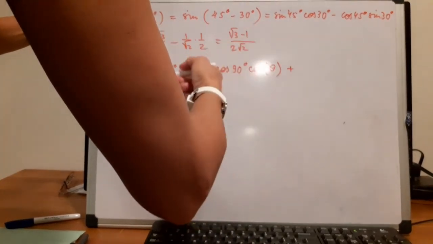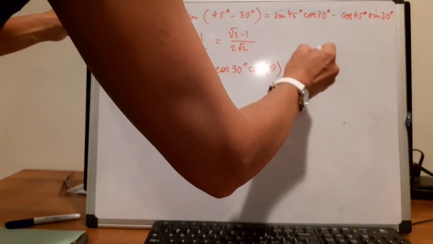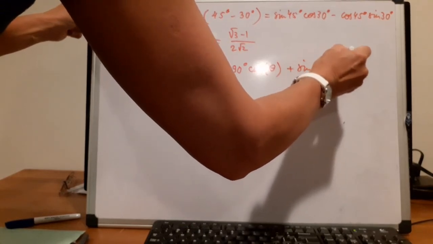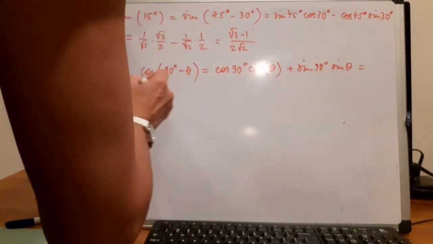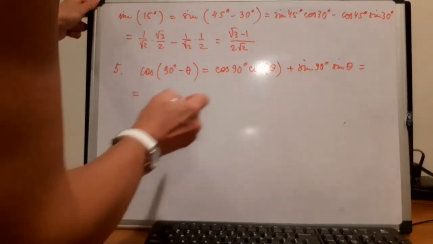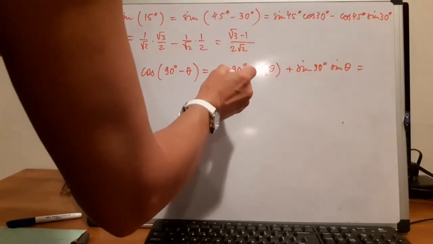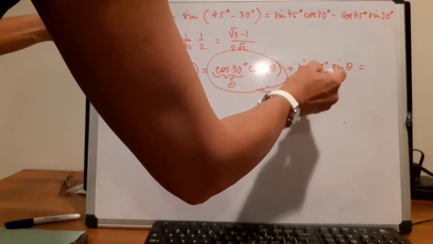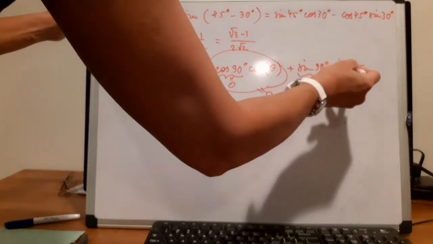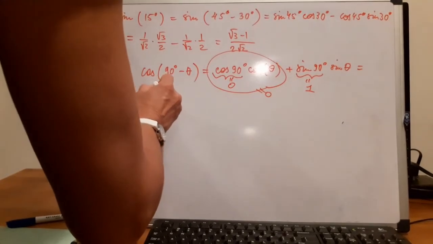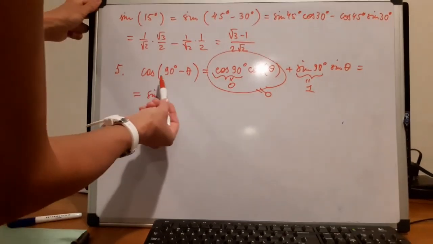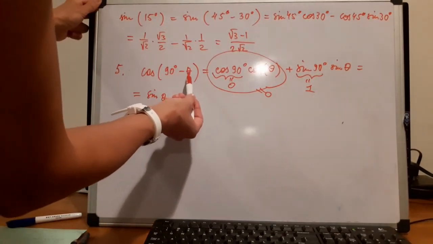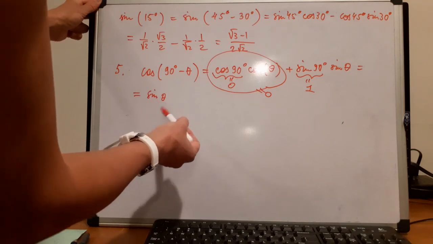A plus, because the formula for minus has plus actually, sine of 90 degrees and sine of theta. Again, I'm using formula number 2, which we don't need to memorize. I do remember that cosine of 90 degrees is 0, which turns the whole thing into 0. Sine of 90 degrees is 1, so 1 by sine of theta is just sine of theta. You see, interesting fact, cosine of 90 degrees minus theta is the same as sine of theta.